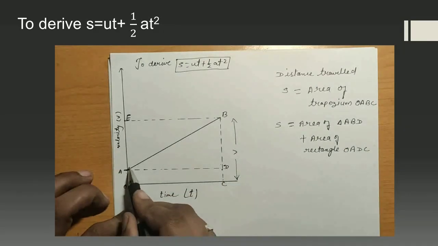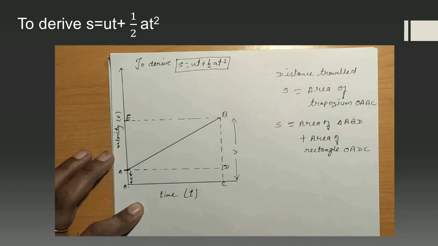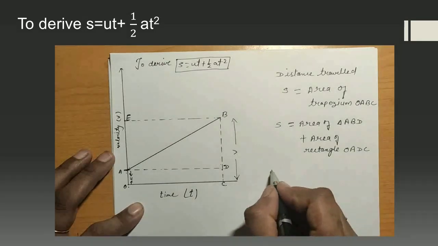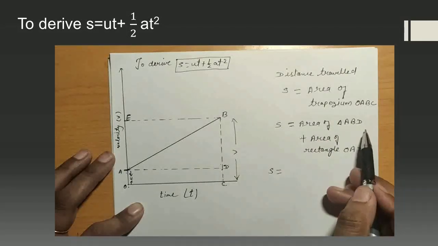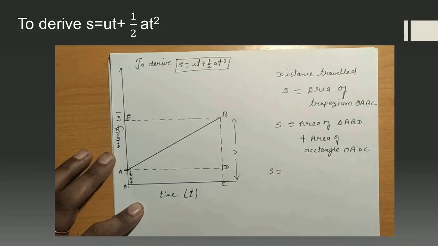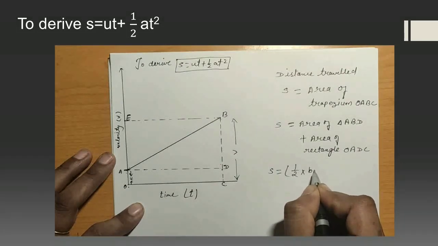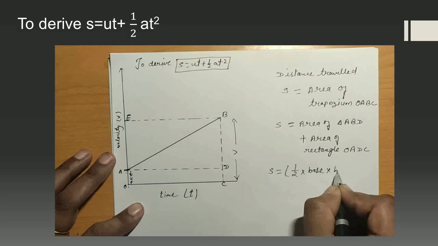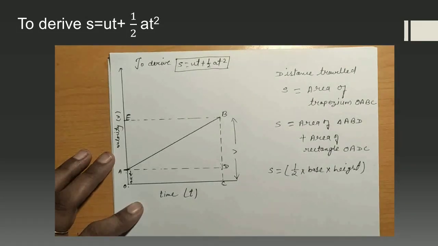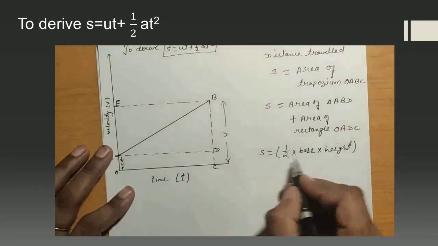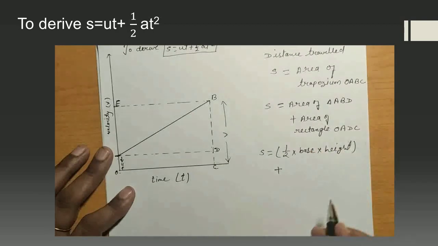You can see here OADC. Clear? So from here we can write the area of triangle ABD. What is the area of a triangle? Area of the triangle is half base into height. Got it? Okay. Plus, now the area of rectangle.